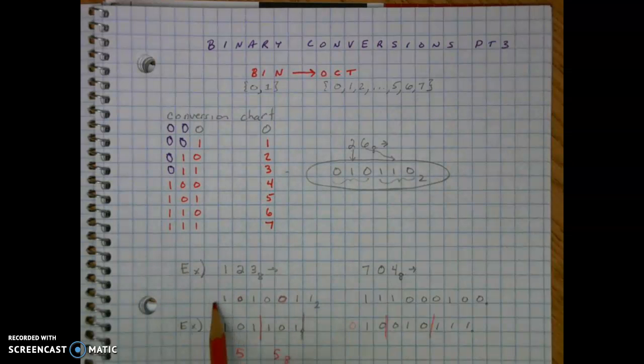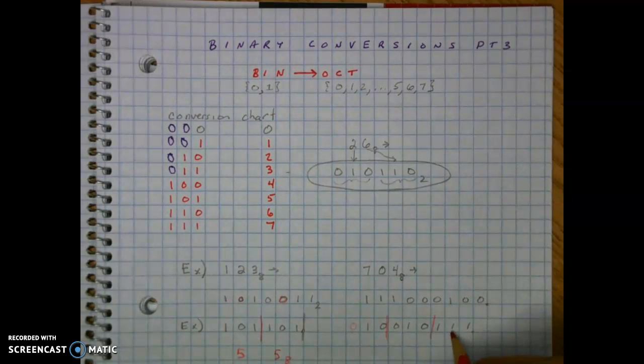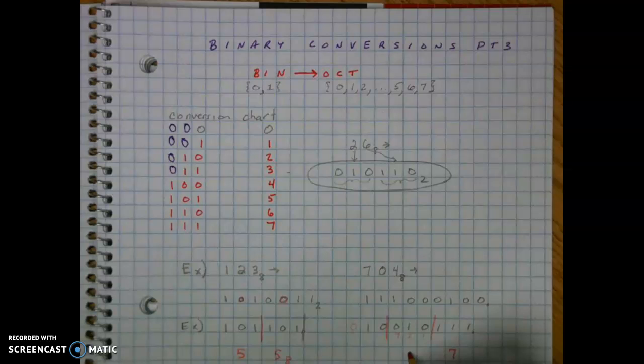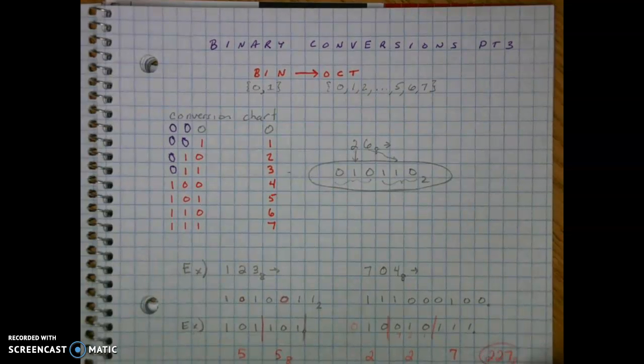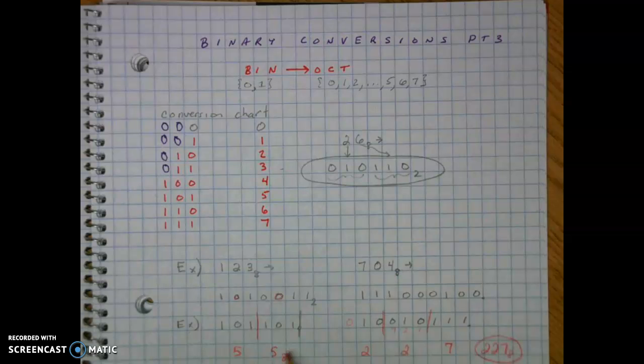Just like we erased them from this problem, we have to consciously think that they are there. So here we go. 1, 2, 4. That's going to be a complete set of 7. 1, 2, 4. That's only going to be a set of 2. And this is, again, 1, 2, 4. It turns out to be another 2. So the final answer here is 2, 2, 7, base 8. Okay. So I hope you enjoyed our conversions to octal. Good luck and practice out.